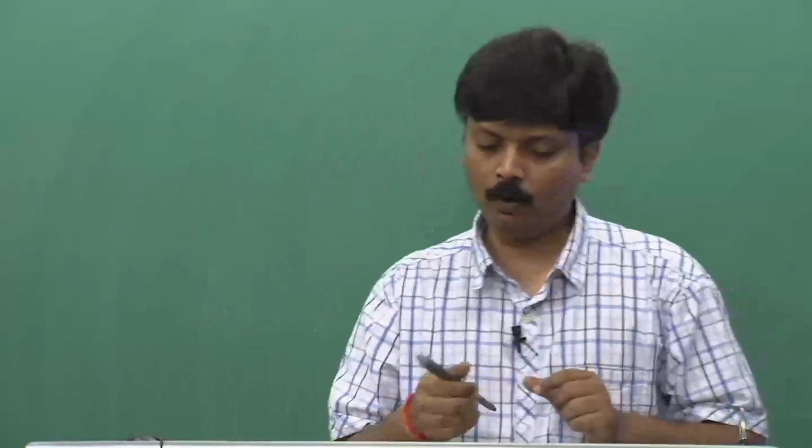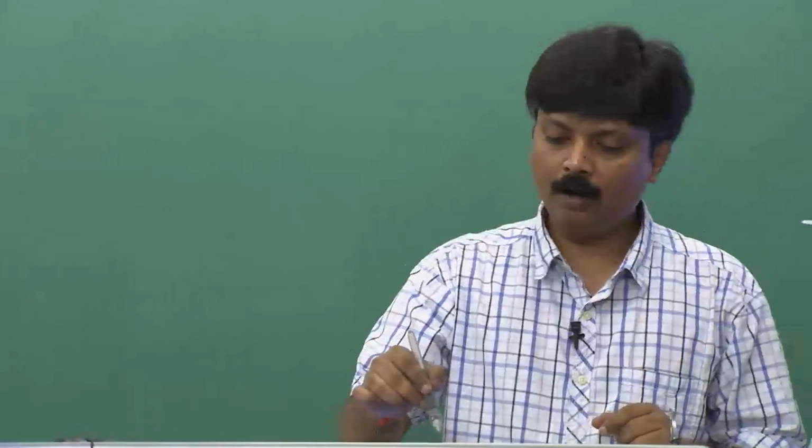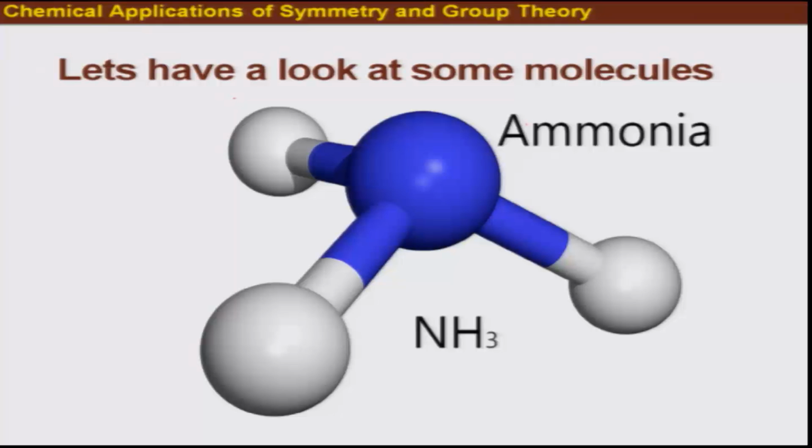If I mark this hydrogen atom as 1, this as 2 and this as 3, and join 1, 2 and 3 by straight lines, I will find an equilateral triangle, where the nitrogen is sitting somewhere at the center above the plane.